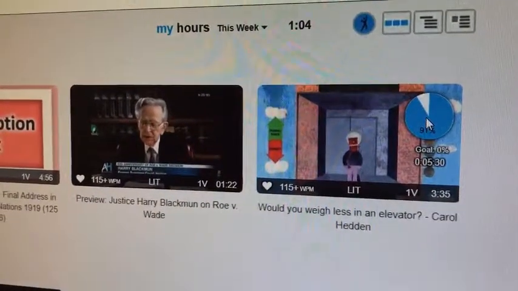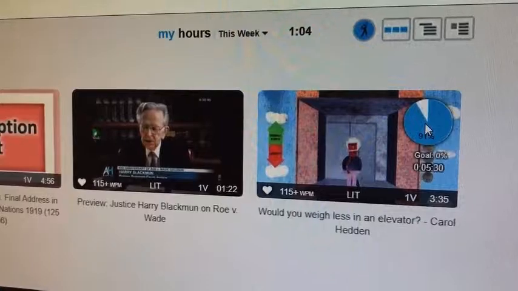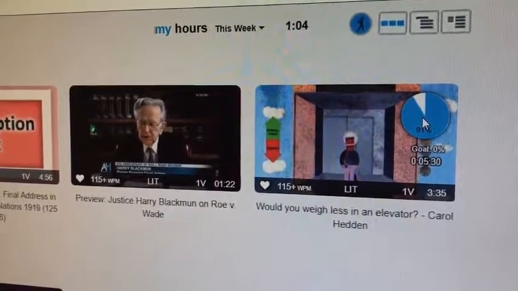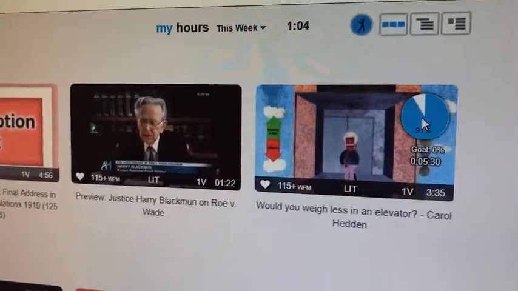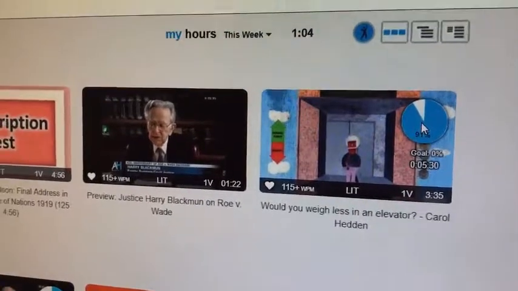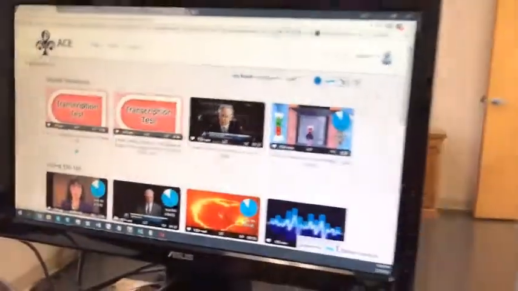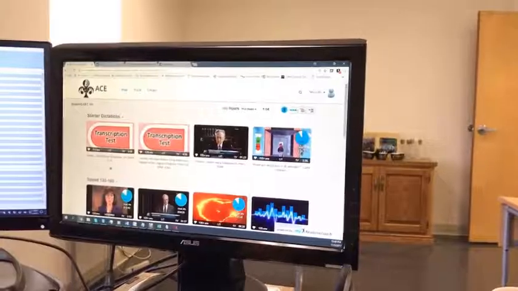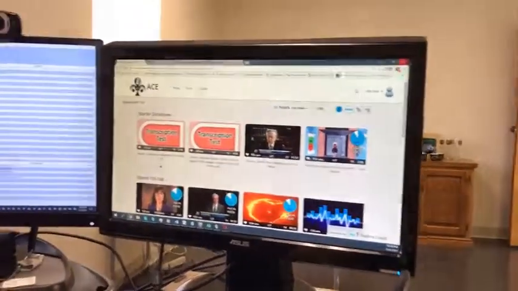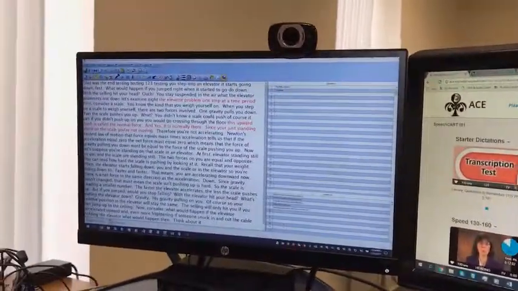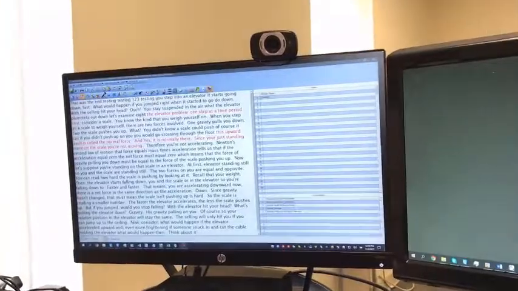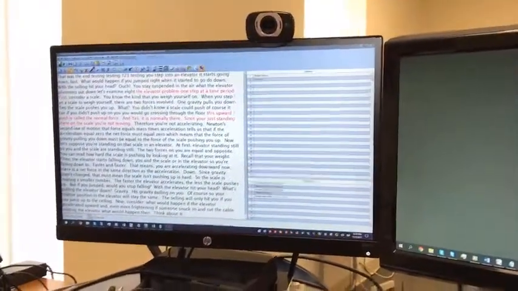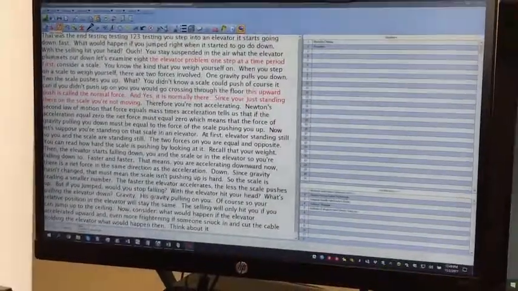And you can also see that the words per minute was 115 plus. It was one voice and it was 3 minutes and 35 seconds long. And so we've got all the information we need out of Realtime Coach. And now we can actually move to SpeechCART and we can do correction on our dictation for the purpose of building accuracy.